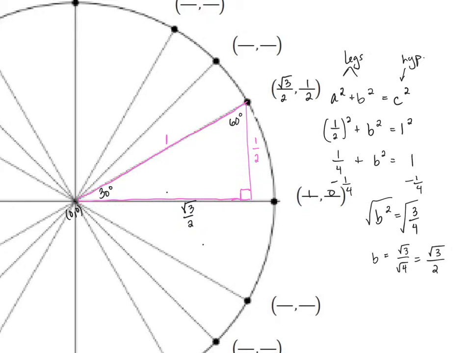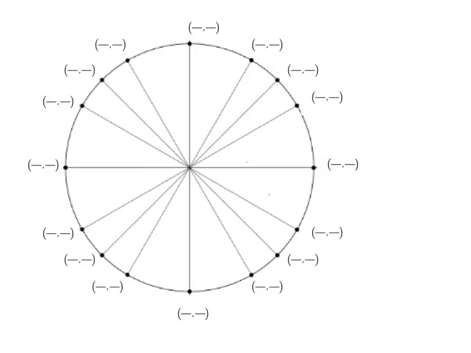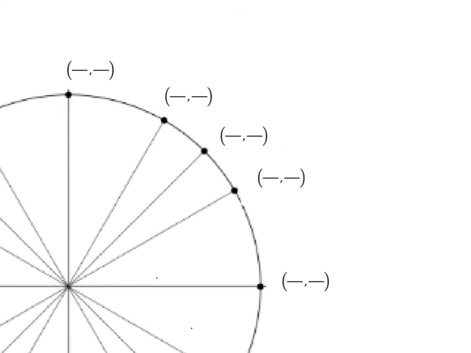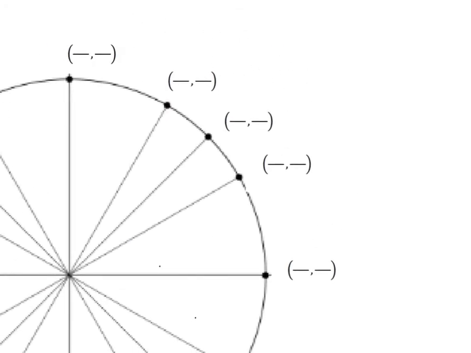So those are my coordinates at my 30-degree angle. So let's put in what we know: square root of 3 over 2, 1/2, 1, 0. We got 0, 0 over here. We're not going to deal with the rest of this right now because we're going to deal with a different triangle.